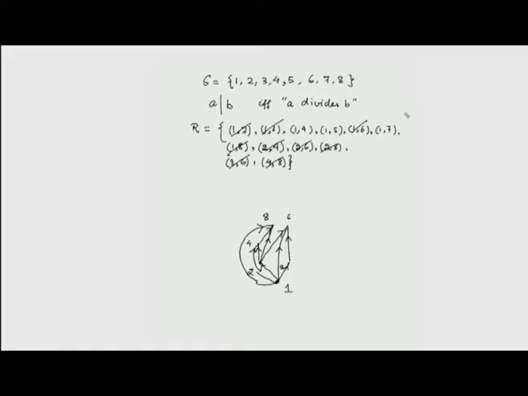This is 1 4, and after that we are left with 1 5 and 1 7, that we can do by drawing 2 other points 5 and 7 and joining 1 to 5 and 1 to 7. This is the graph corresponding to the relation A divides B on the set 1 2 3 4 5 6 7 8.